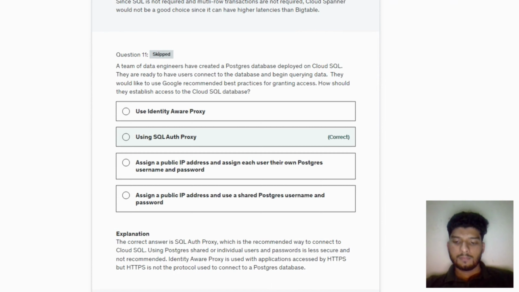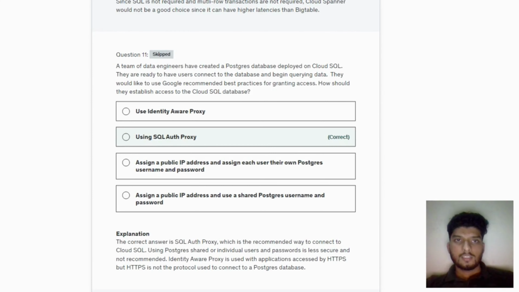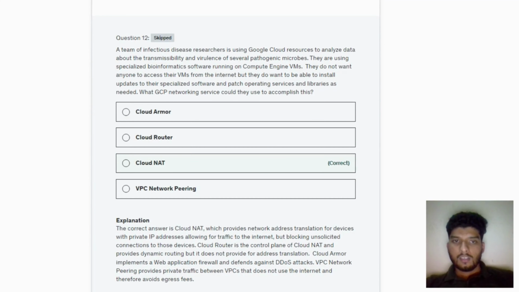The question 12 is, the right answer is Cloud NAT. Here is the explanation.